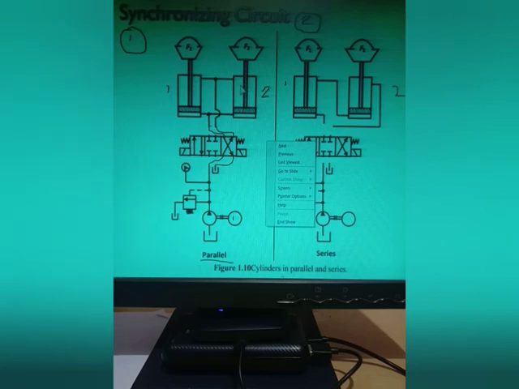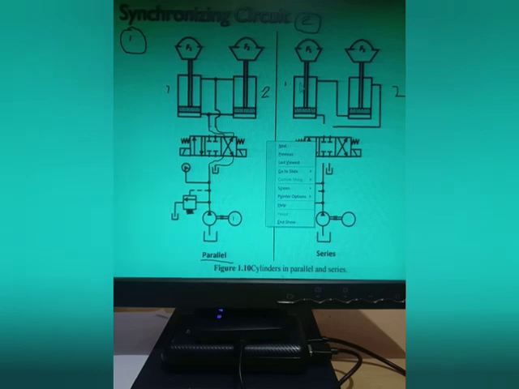So simultaneously these two actuators will start coming downward, and whatever oil is stored here, from this actuator the oil will come here, and from there that oil will go to the reservoir, and therefore this hydraulic circuit is known as a synchronizing hydraulic circuit.